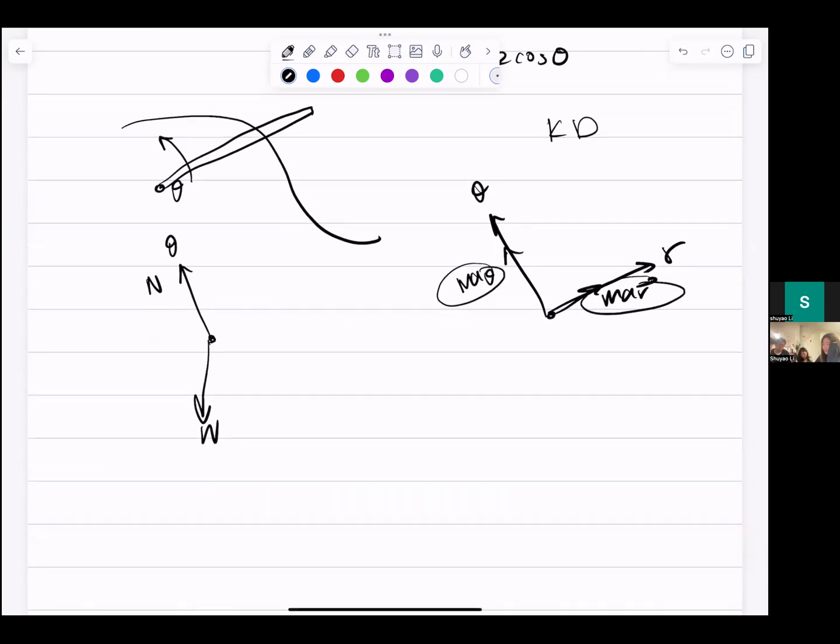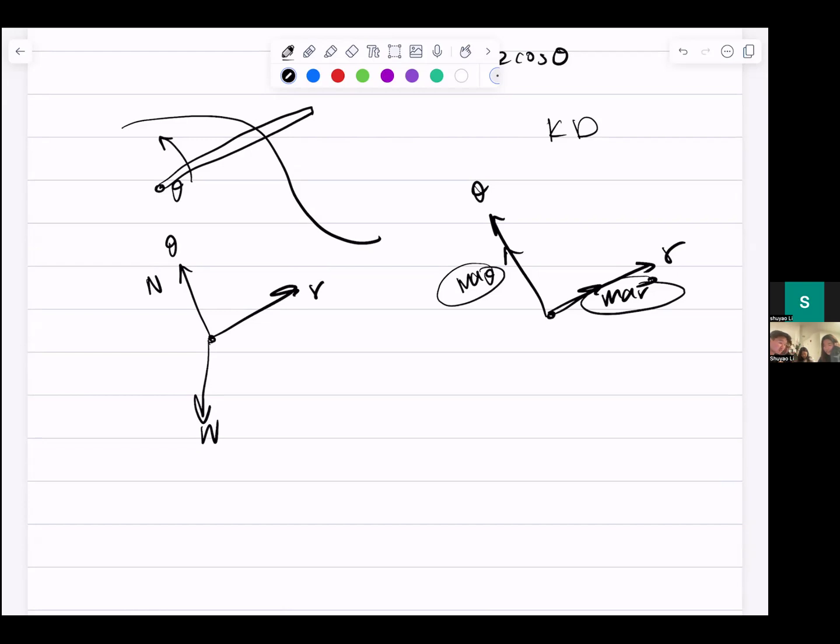So let's stay consistent here with our kinetic diagram. Wait, this is the FBD for this one? I think that's the normal force, translated to there.